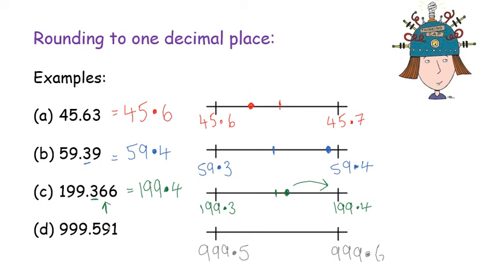So 0.591 is actually just over the 0.5 section. So we would round up. So say it's like just here. We would round this up. So that would be 999.6.